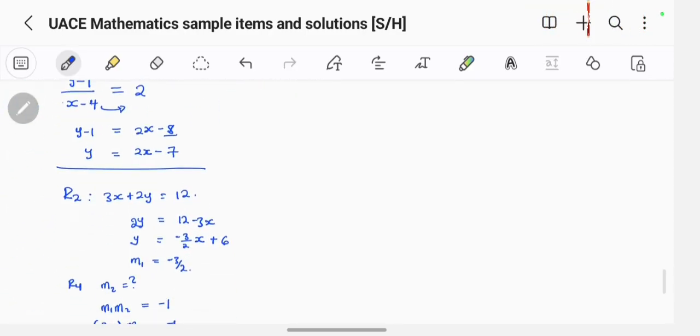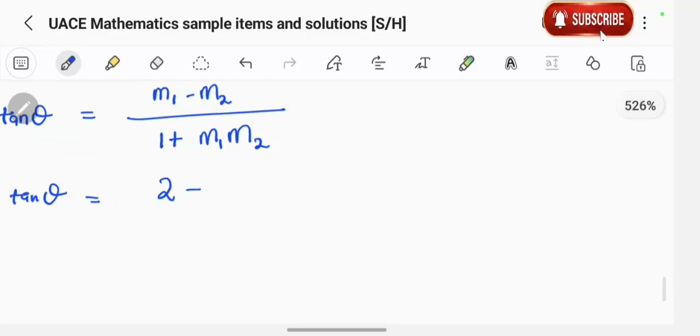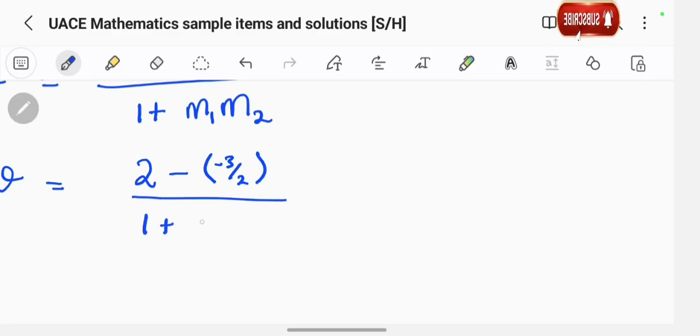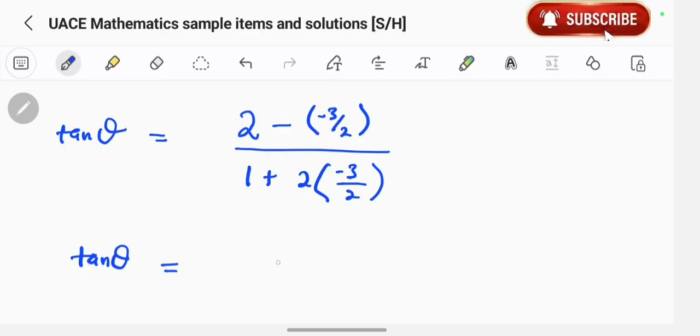So what I'm going to put here is negative 3 out of 2, divided by 1 plus 2 into negative 3 out of 2. And when you compute this, it's going to give us 3.5 out of negative 2.